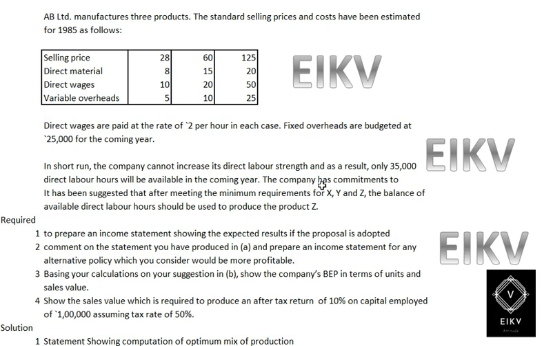The company has a commitment, and it has been suggested that after meeting the minimum requirement of X, Y, and Z, the balance of available direct labor hours should be used for the production of product Z.